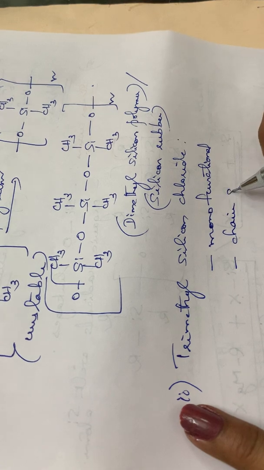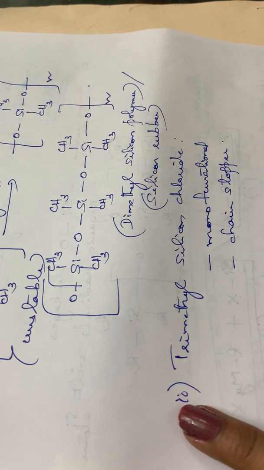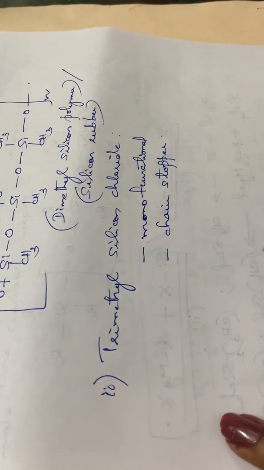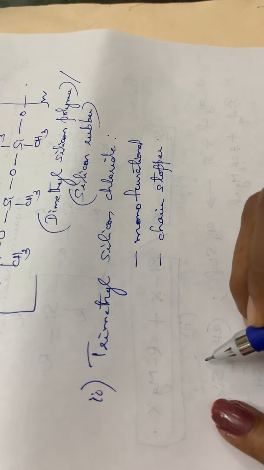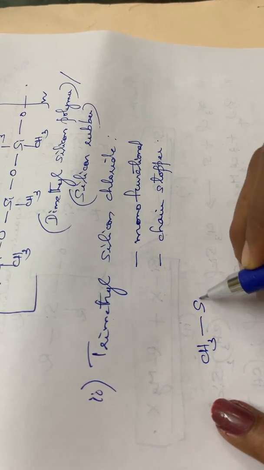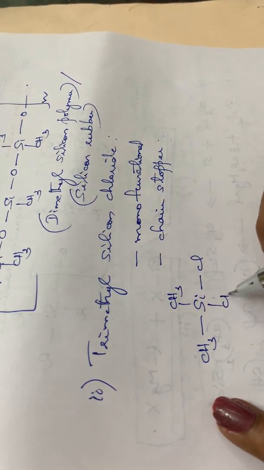That means the reaction will stop by the replacement of this one chlorine atom. So let us write this compound: CH3, Si, Cl, CH3, CH3.